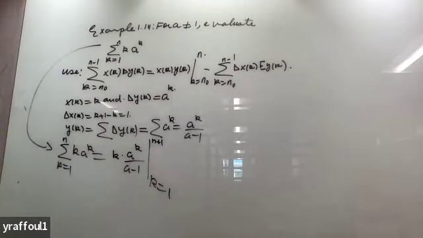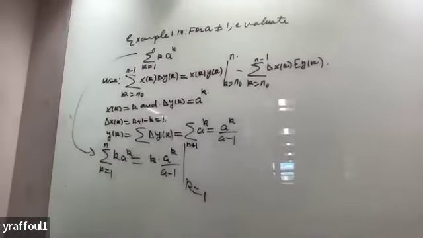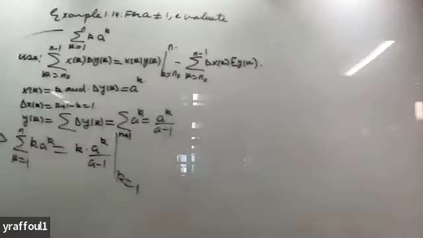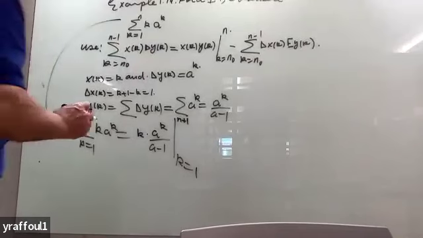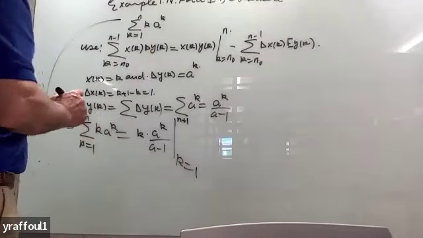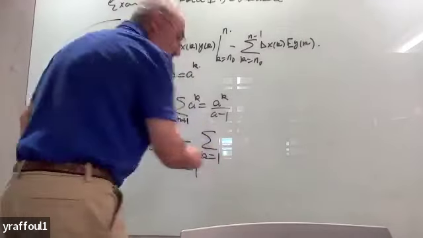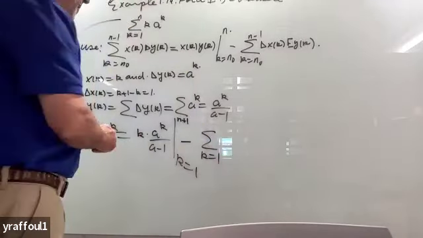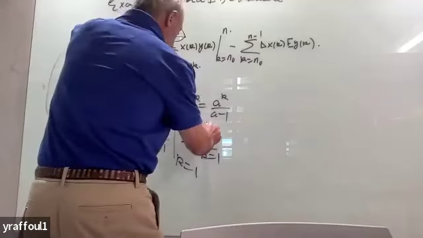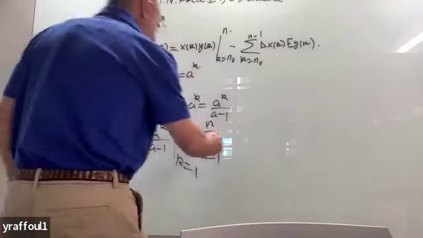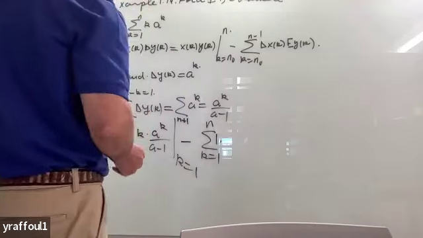Okay? And so minus the sum from k equal 1 to n, del xk is 1 times E yk.